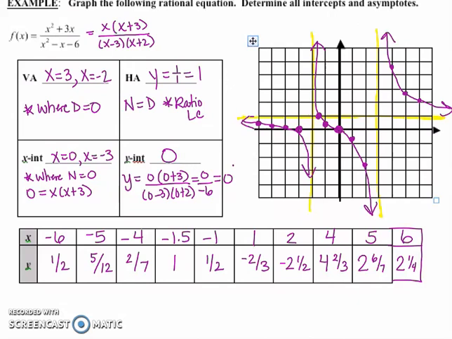Okay, so you might be wondering, how come the middle part of the graph crosses the horizontal asymptote? Sometimes that happens. So you might want to make a little note here.